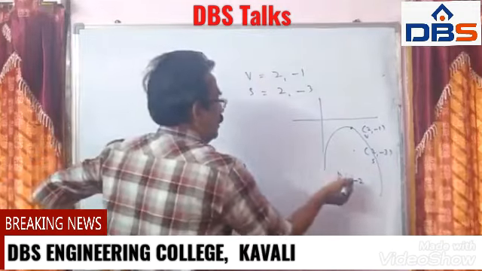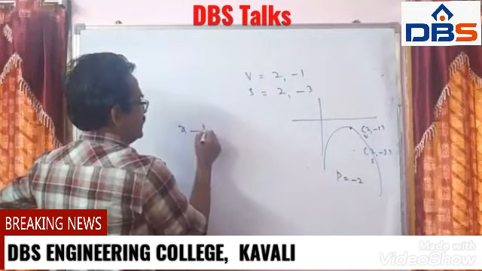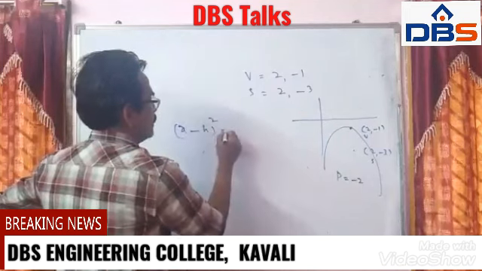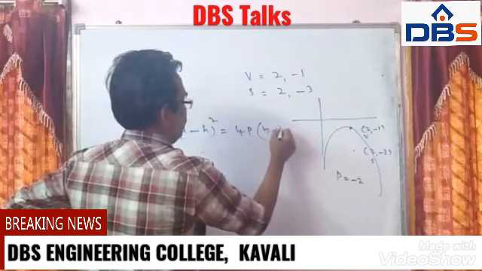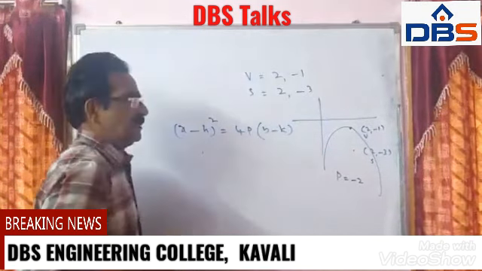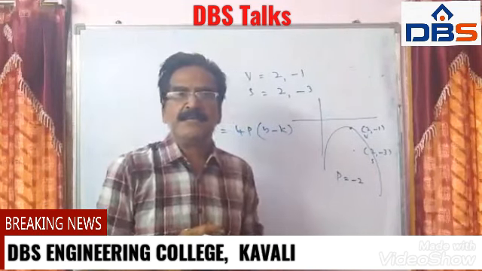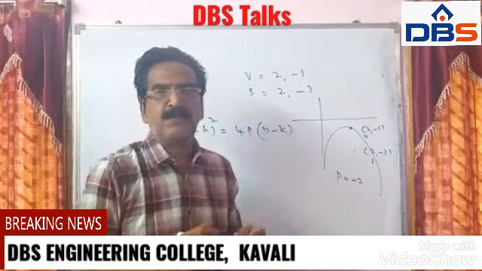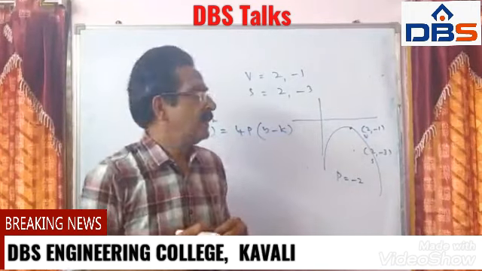So our equation is x minus h whole square is equal to 4p into y minus k.